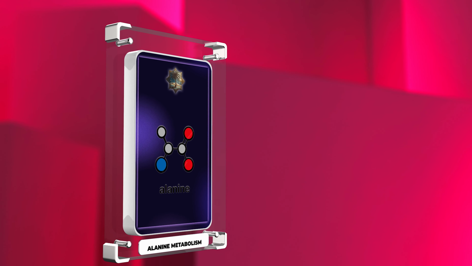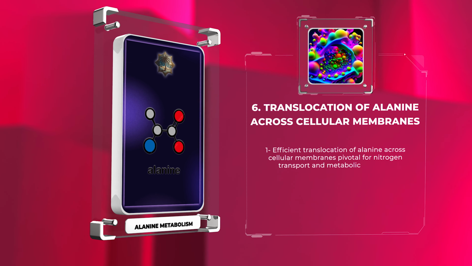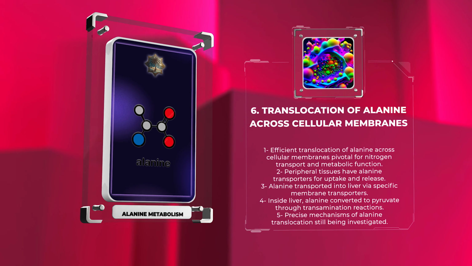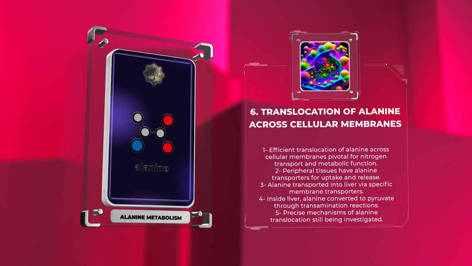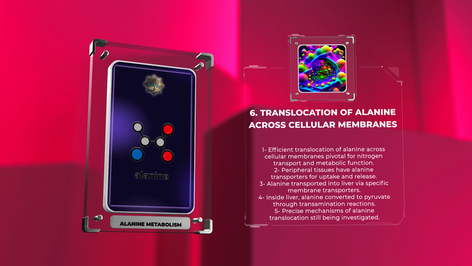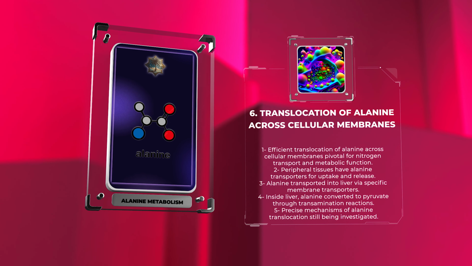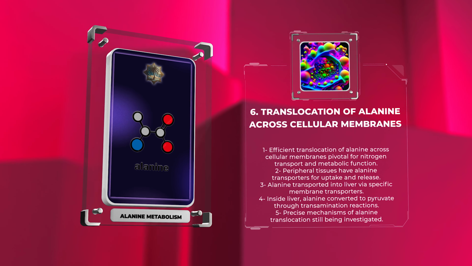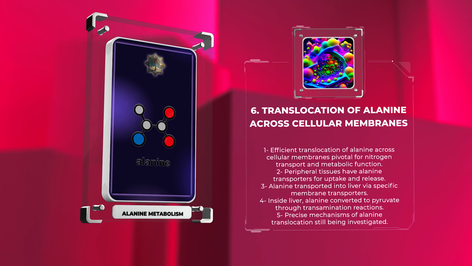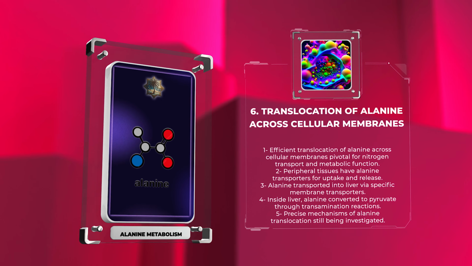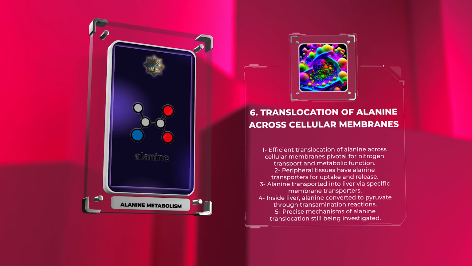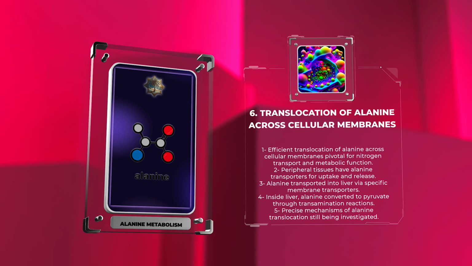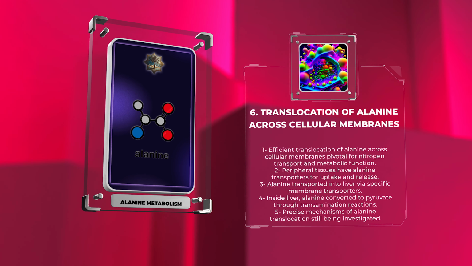The efficient translocation of alanine across cellular membranes is pivotal for its role in nitrogen transport and overall metabolic function. This process involves specific transport systems to ensure the uptake and release of alanine as needed. In peripheral tissues, such as skeletal muscle, the plasma membrane exhibits specialized transporters known as alanine aminotransferase, ALAT1 and ALAT2. These transporters facilitate the uptake of extracellular alanine into the cells for subsequent breakdown or utilization in metabolic processes.